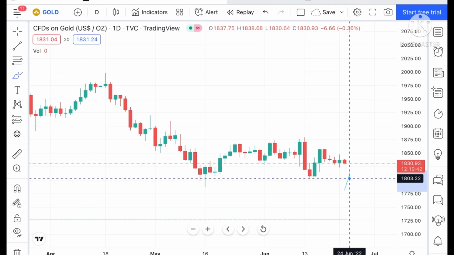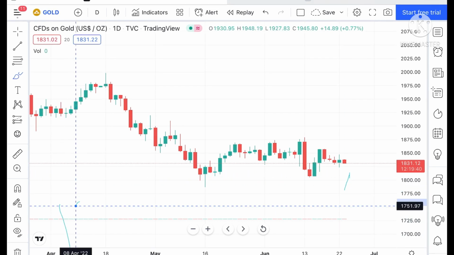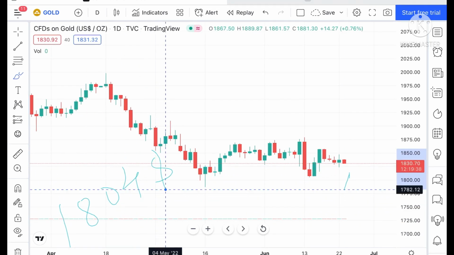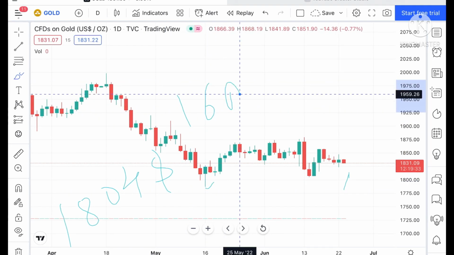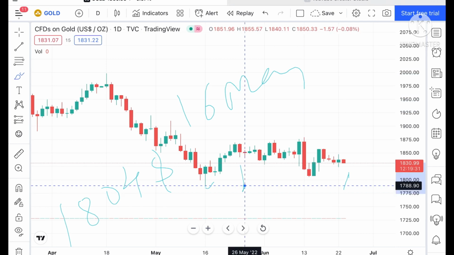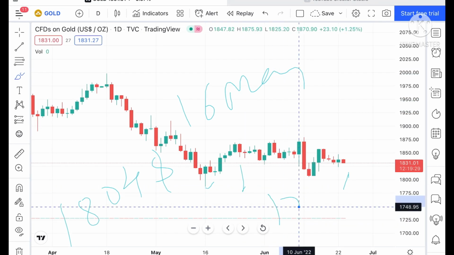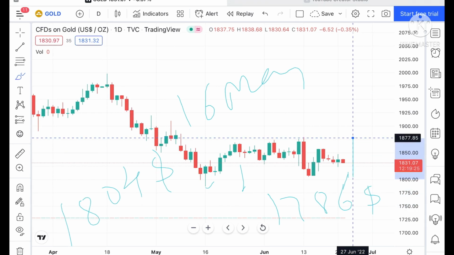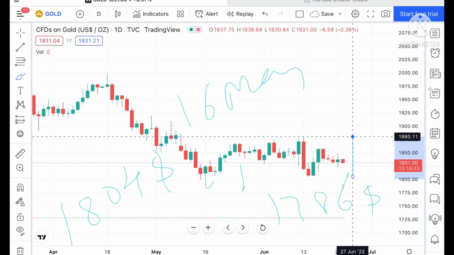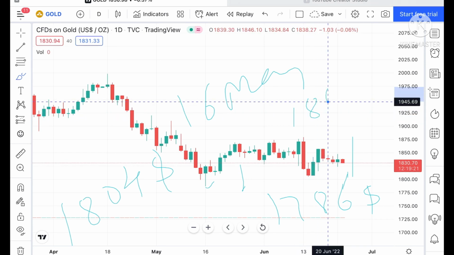The low of that zone we can say is $1804, and on 16 May a low was made of around 1786. On the upper side, the high of that range is around 1880.